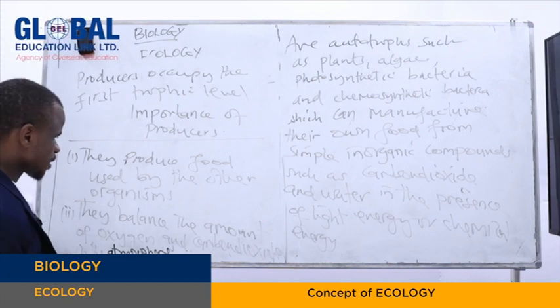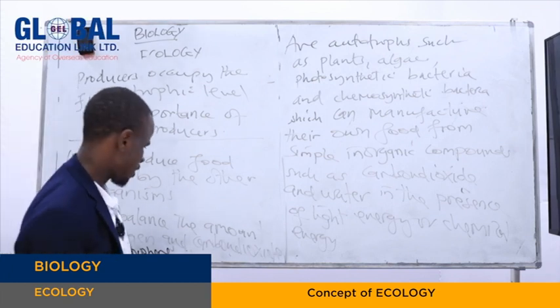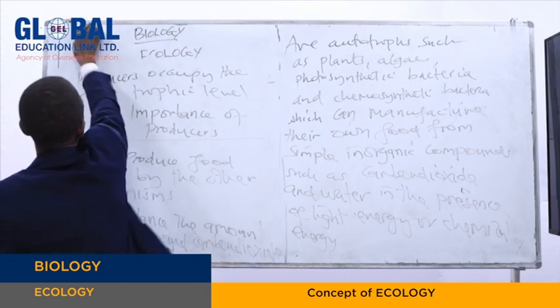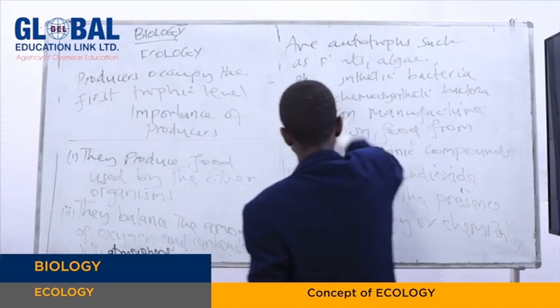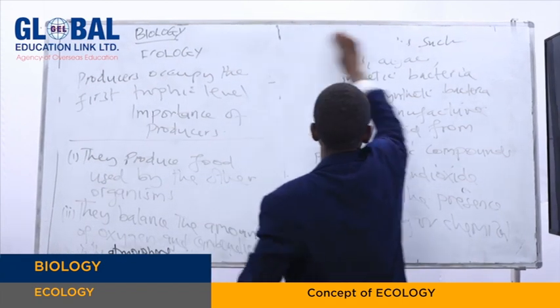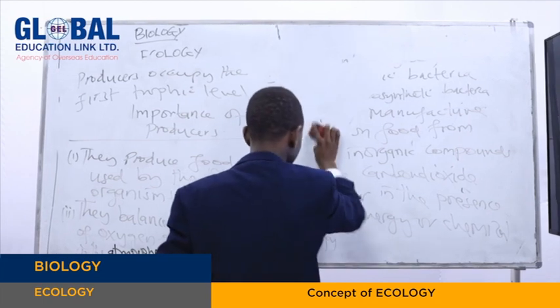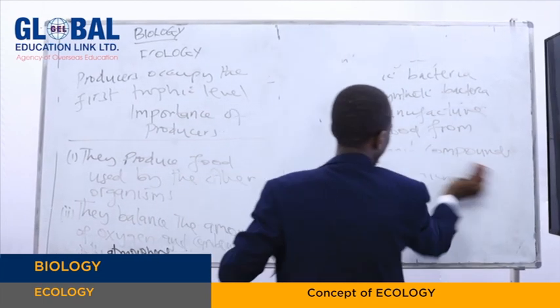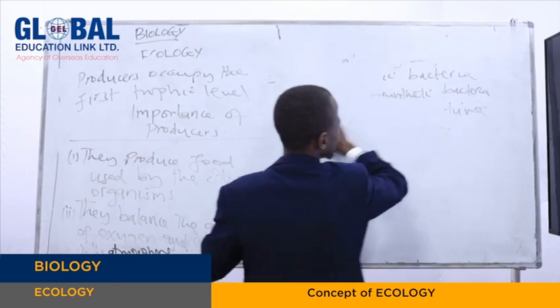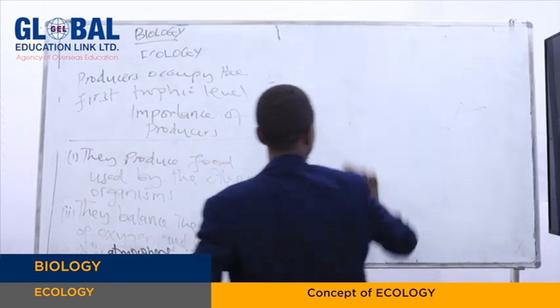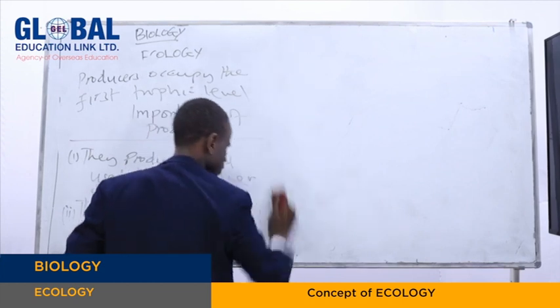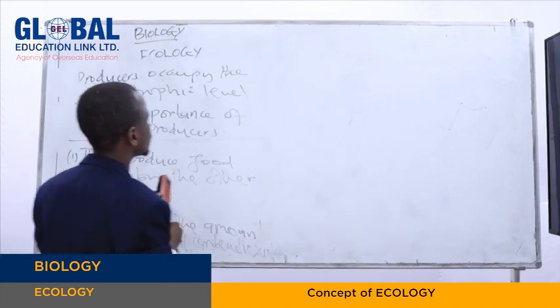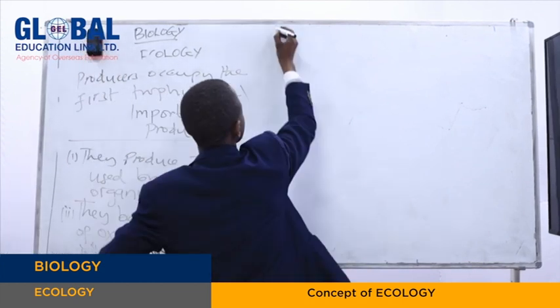Producers reduce the amount of carbon dioxide in the atmosphere because during photosynthesis, carbon dioxide is used up. By reducing the amount of carbon dioxide, they reduce the rate of global warming.